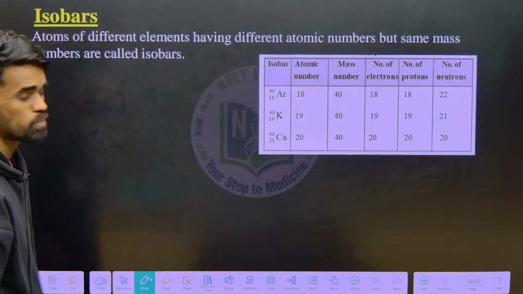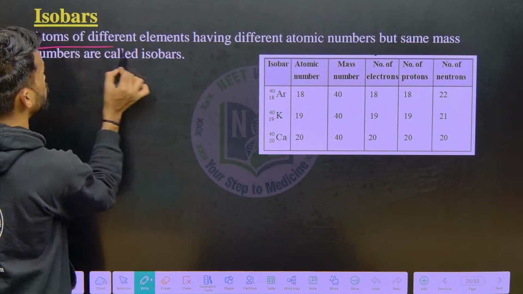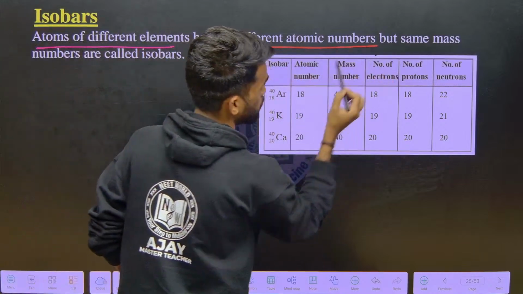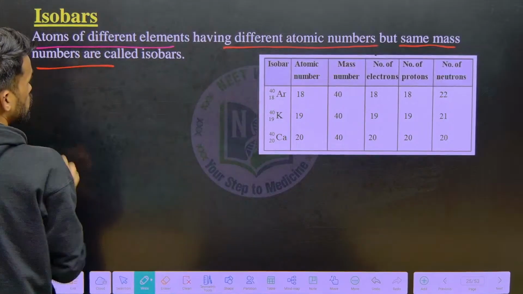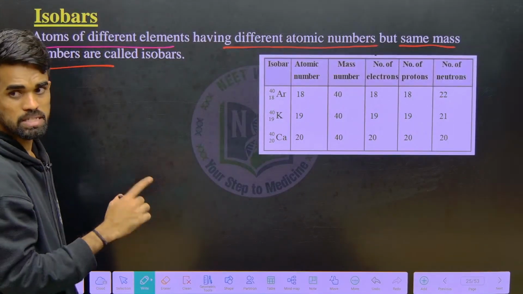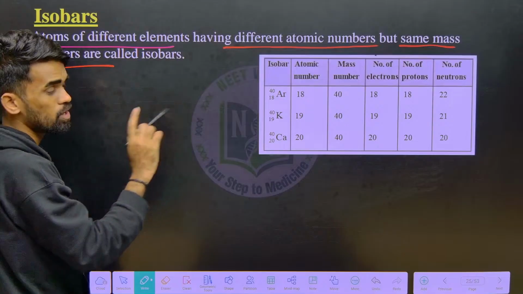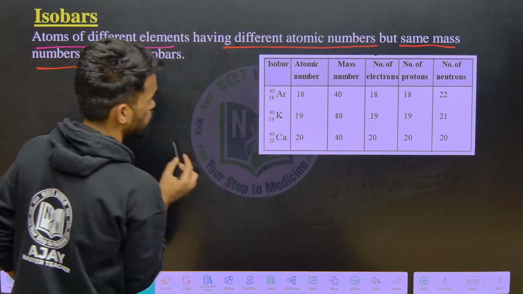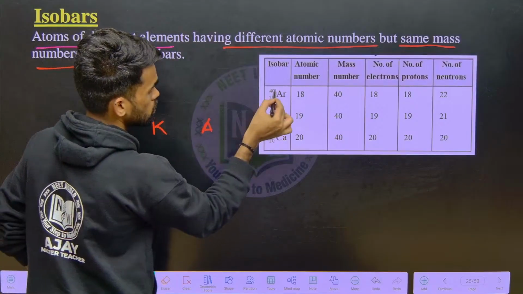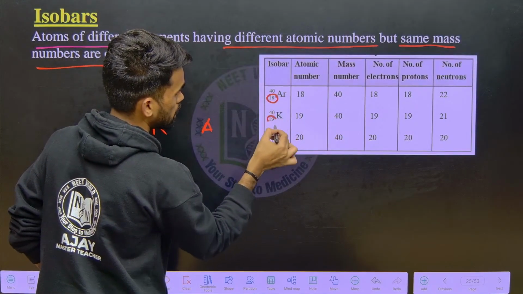Next, what about isobars? Atoms of different elements having different atomic numbers but the same mass number. Different elements means different atomic numbers, but the same mass number, see here for potassium and argon. Atomic numbers are 18 and 19.